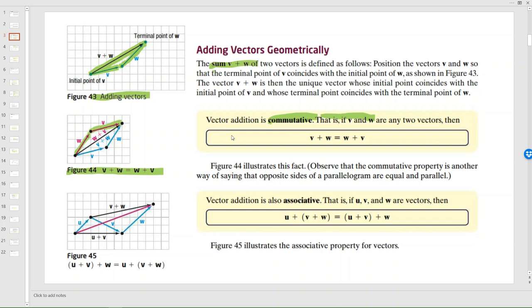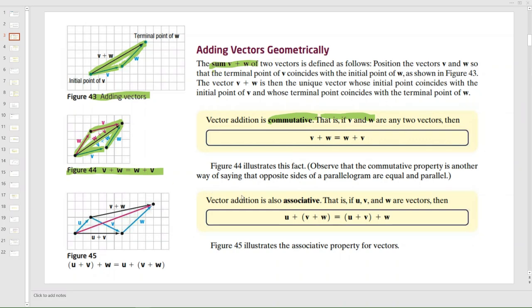And it turns out that this v down here that's blue has the same magnitude and direction as this v. So if we start with that instead and then tack w onto that, it's always going to take us to that same point, and it's always going to create the same vector, whether we call it w plus v or v plus w. This resulting vector is always the same, and we call that the commutative property.